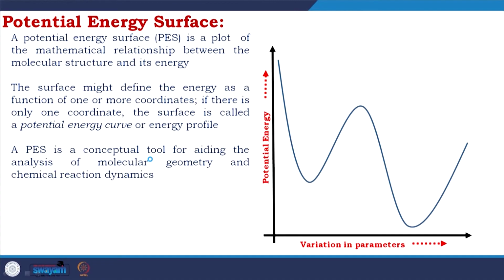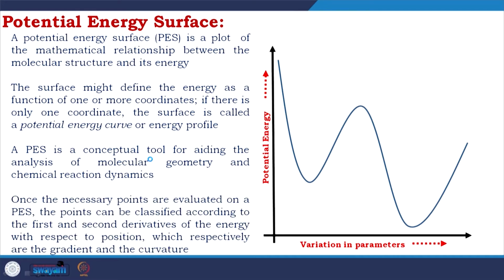A potential energy surface is a conceptual tool for aiding the analysis of molecular geometry and chemical reaction dynamics. Once the necessary points are evaluated on a potential energy surface, the points can be classified according to the first and second derivatives of the energy with respect to the position, which are respectively the gradient and the curvature.